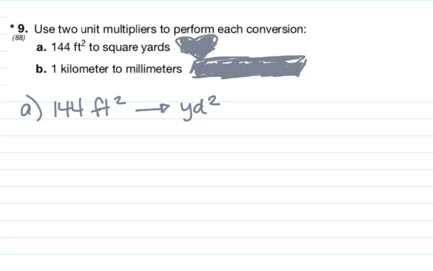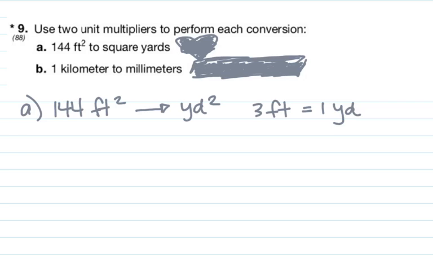We know that to go from feet to yards, 3 feet equals 1 yard. So that's what we use as our unit, and now we need to put it into a unit multiplier so that we can convert this.